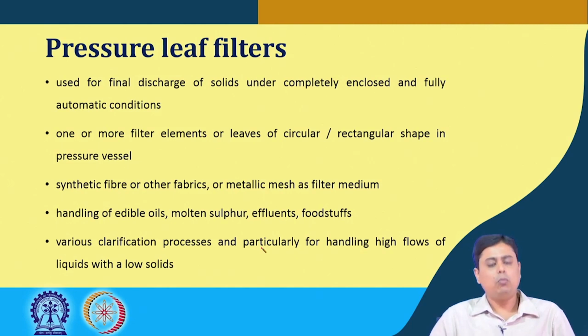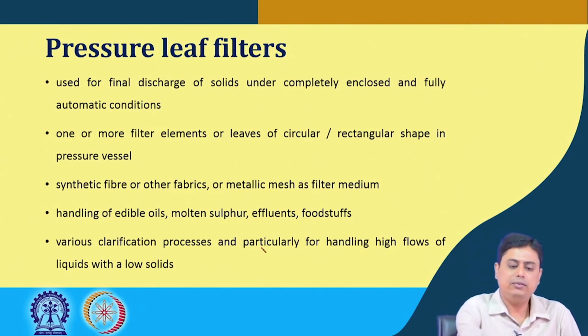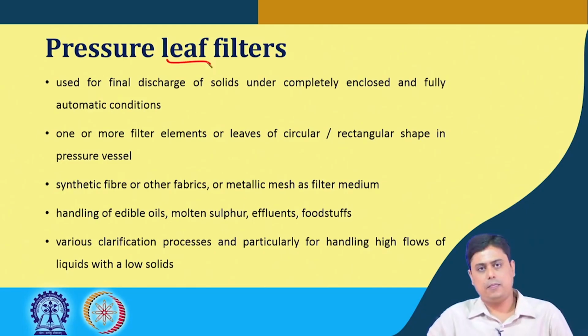So, here one or more filter elements, or the leaves, that is the name, of circular or rectangular shape, are used in a pressure vessel because these are positive pressure filtration equipments.